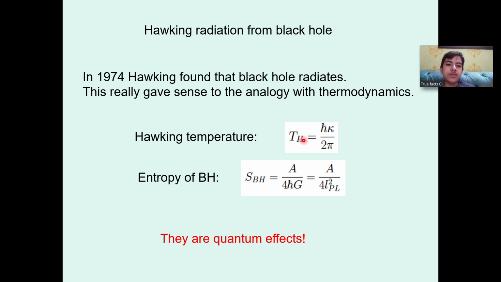The equation for this was T_H equals h bar kappa by 2 pi. And the entropy for the black hole is S_BH. This was the Bekenstein formula: S_BH, where BH is black hole and S is entropy, equals A over 4 h bar G, which equals A over 4 l_P squared. These all are quantum effects.